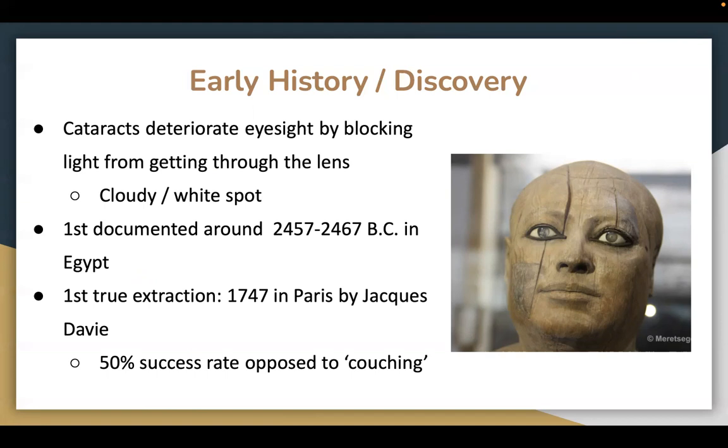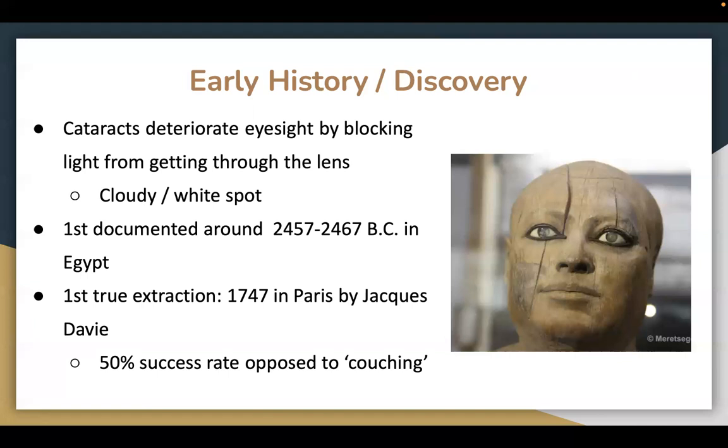profound because it had a 50% success rate as opposed to couching, which was the first form of cataract extraction. Couching is still practiced in some countries, but it is a very aggressive hit to the lens.